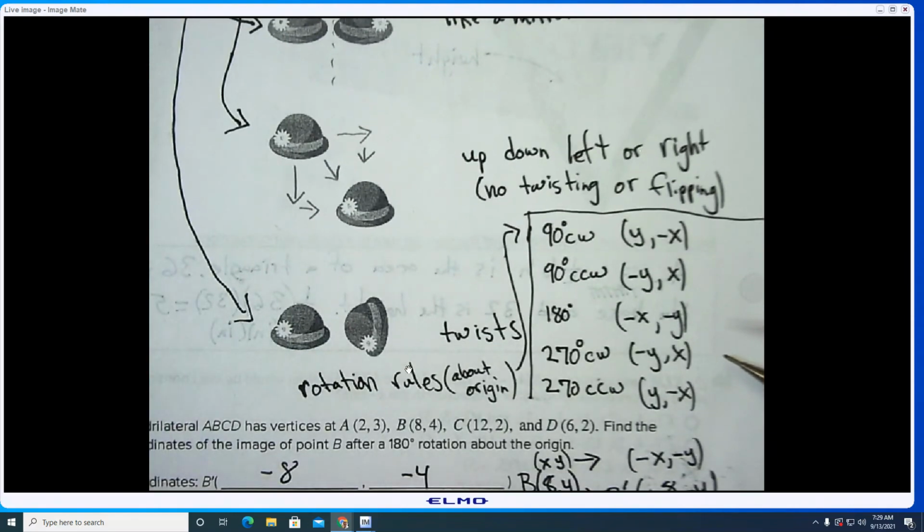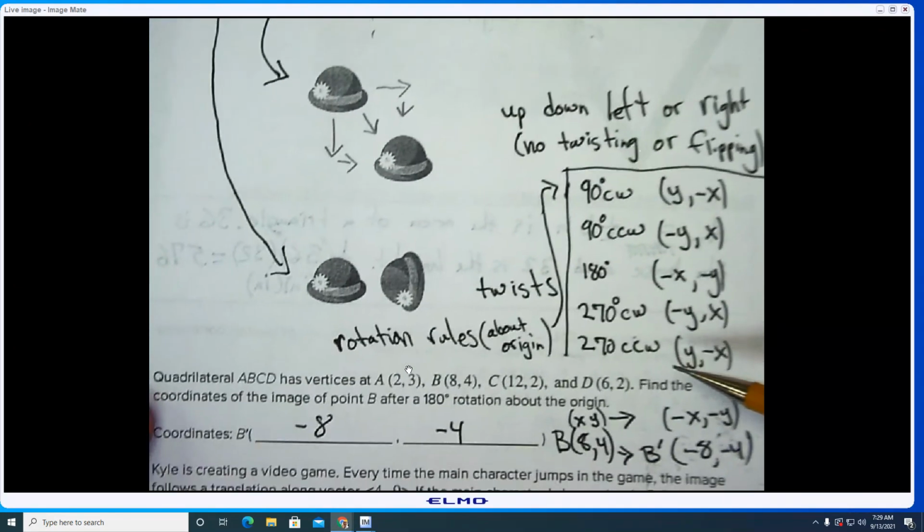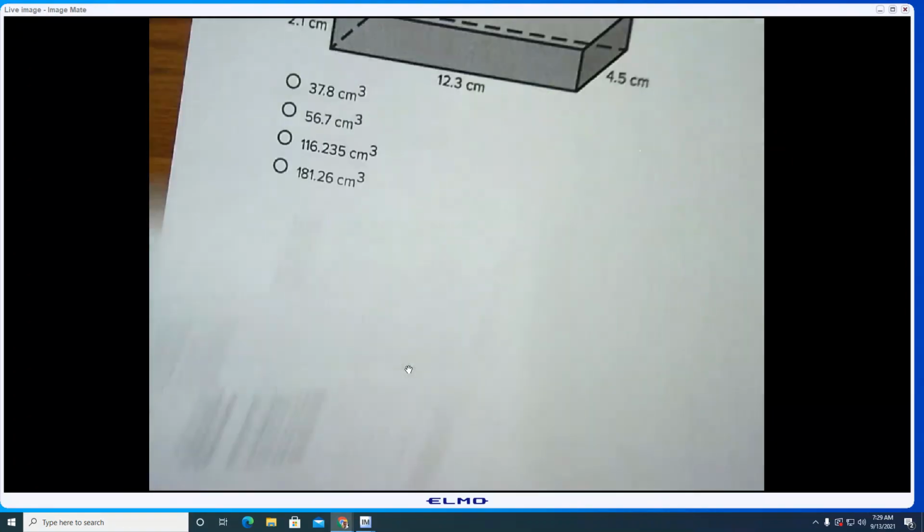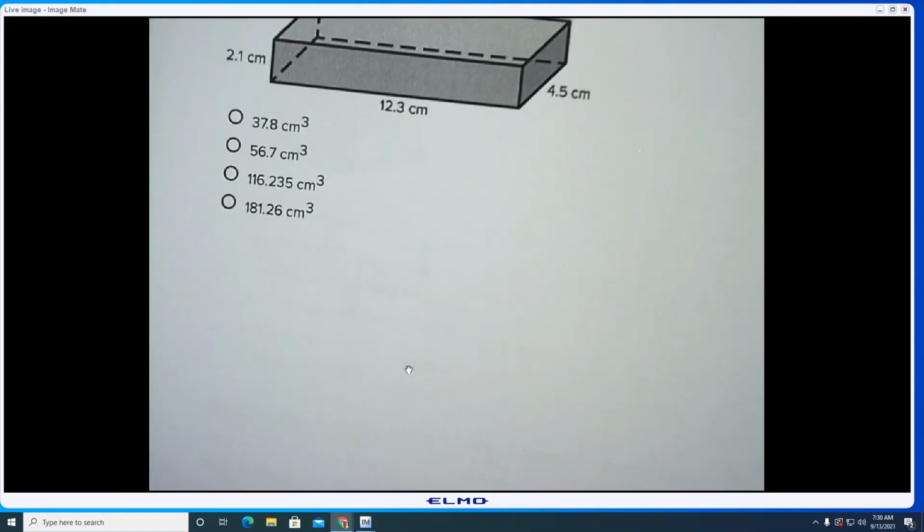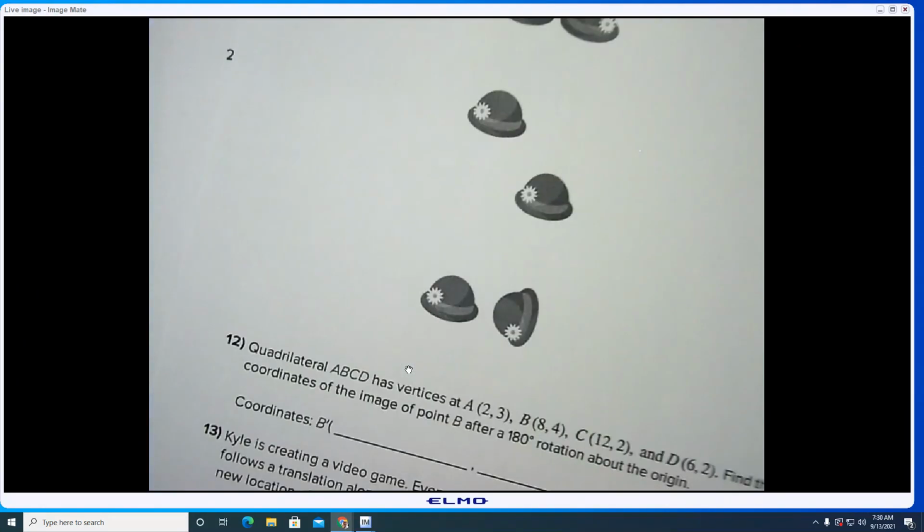Some of these we can do on paper, but it's a lot easier if we just have the formula or the rules to get through it. So for number 12, we'll probably use the rules here. Number 12.